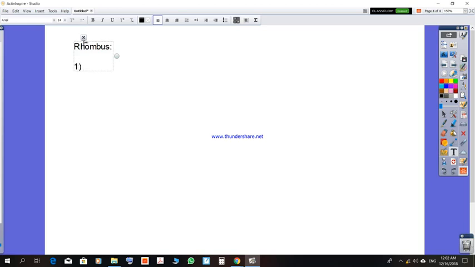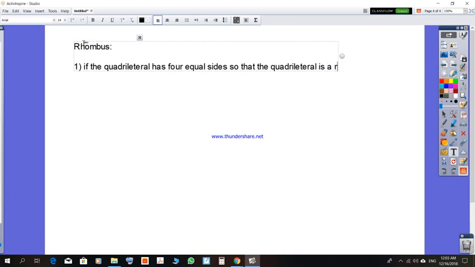First condition: if the quadrilateral has four equal sides, then we can say that the quadrilateral is a rhombus.